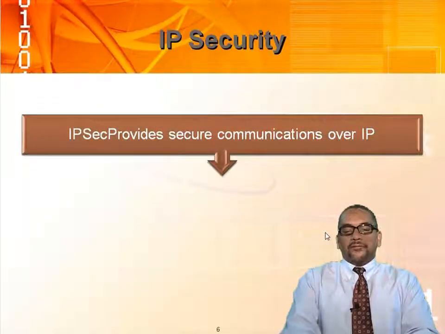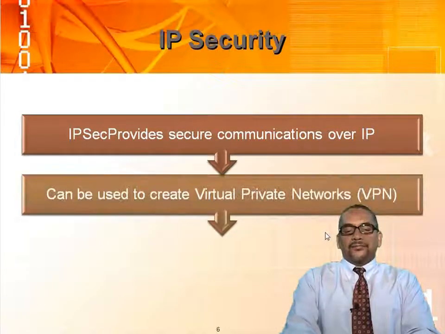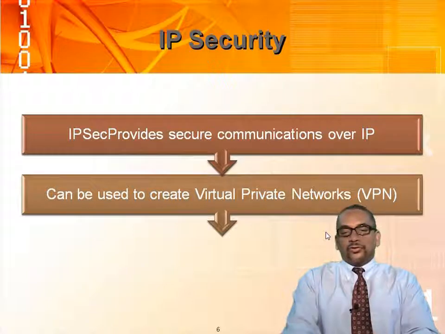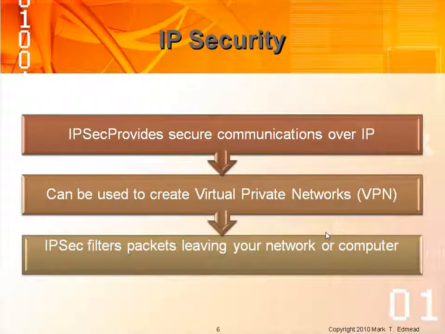IP security is a way to provide secure communications over IP. It can be used to create virtual private networks, or VPNs. So VPNs use IP security, or IPSec, to establish secure communication between two devices, and any communication between those two devices is going to be secure because the data is encrypted.